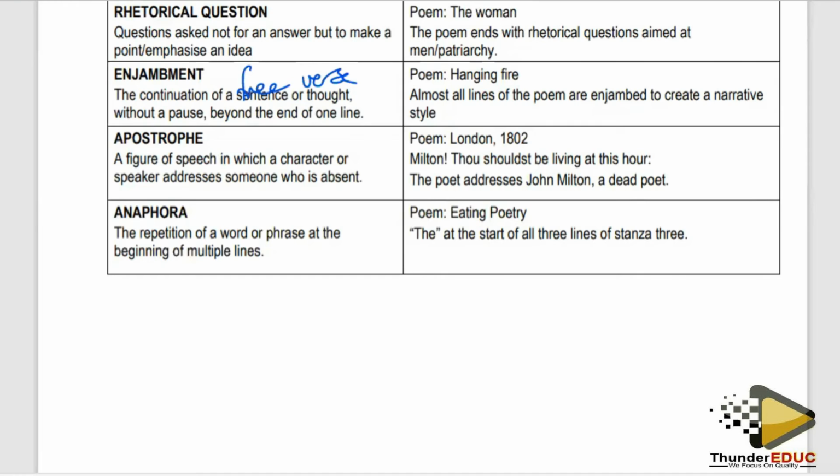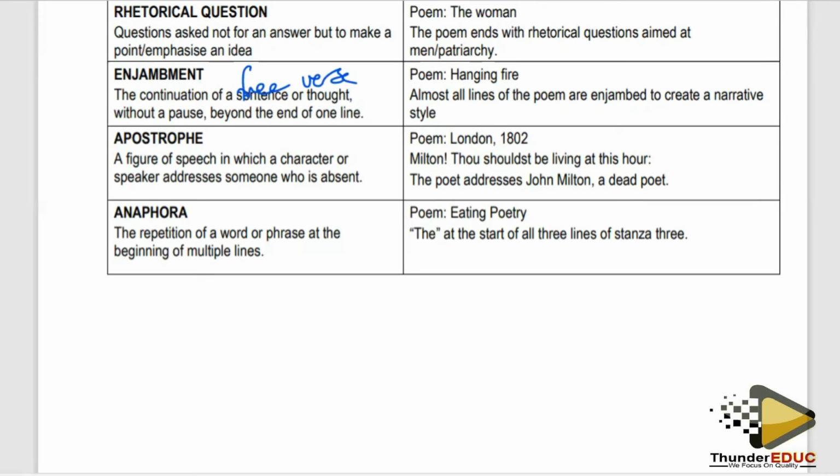Anaphora is the next one. Anaphora is the repetition of a word or phrase at the beginning of multiple lines. When we say "the" at the start of all three lines of a stanza. The stanza starts with "the beginning of the sunrise," and then you continue to say "the laughter of the children" in the next line. And in the third line, you say "the beauty of the sunset."